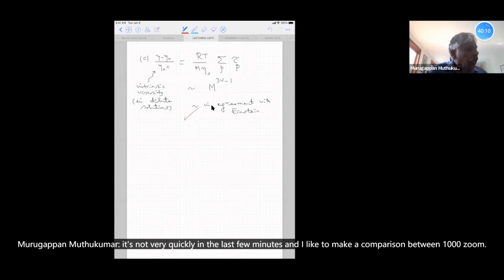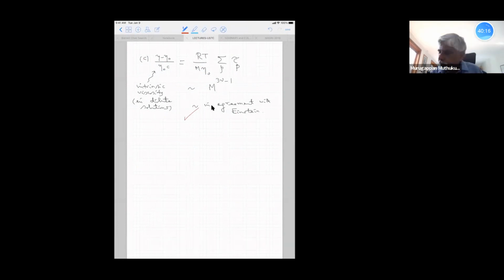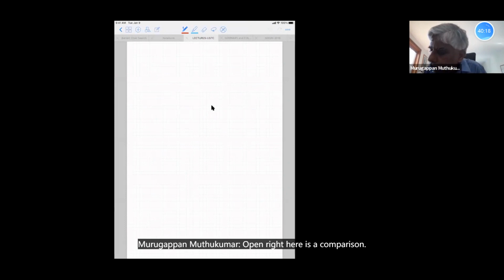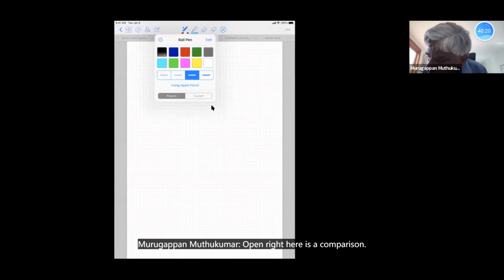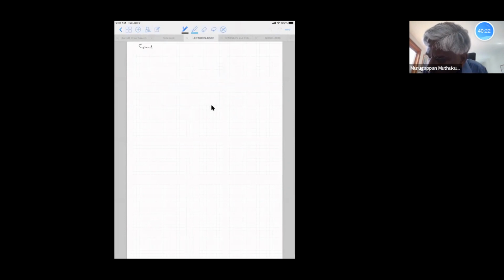Okay, so now, very quickly, in the rest of a few minutes, I'd like to make a comparison between Rouse and Zimm. Here is a comparison between Rouse and Zimm.